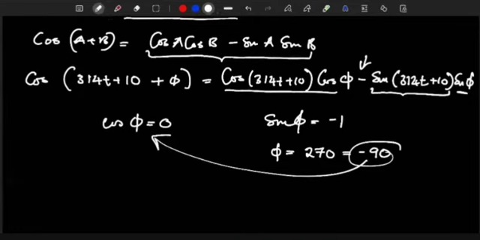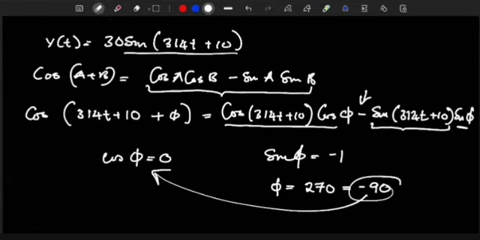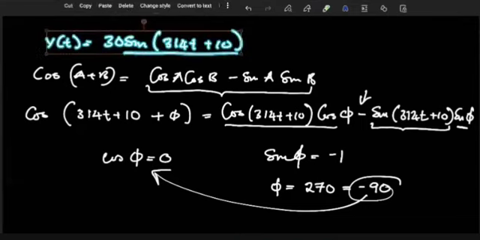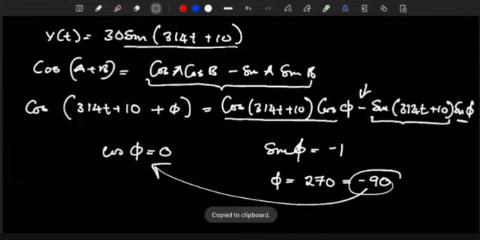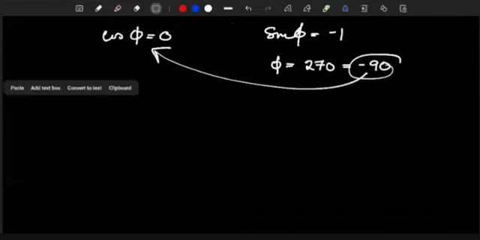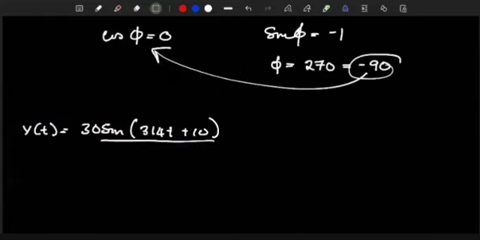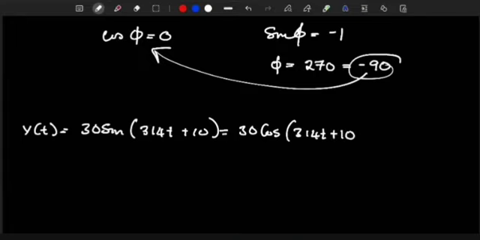So what does this mean? It means that in cosine form, this expression can be written as 30 cos(314t plus 10 minus 90).